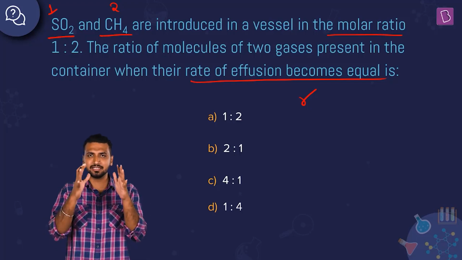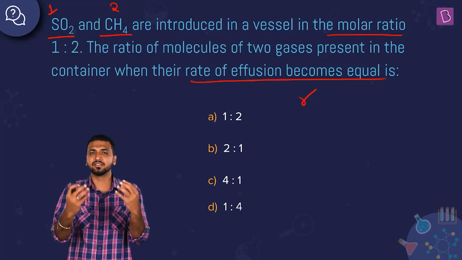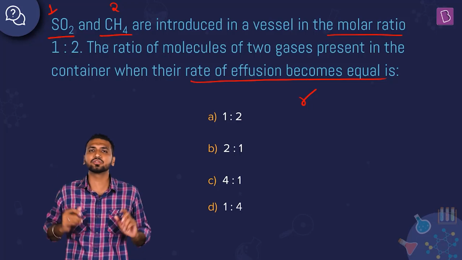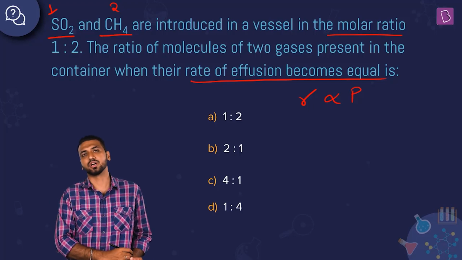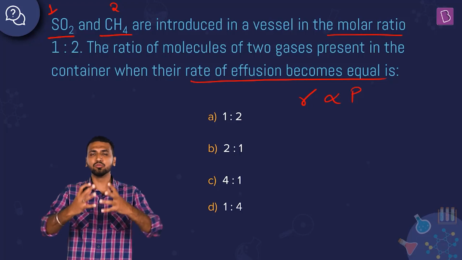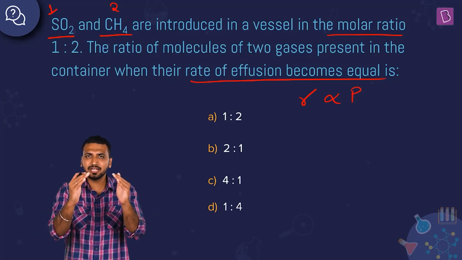But in this frame of questions, it is going to depend on the pressure. If the pressure of the gases is high, the rate of effusion is going to be high, so directly proportional. It also depends on the molar mass. If the molar mass of the gas is high, then the rate of effusion is going to be less.